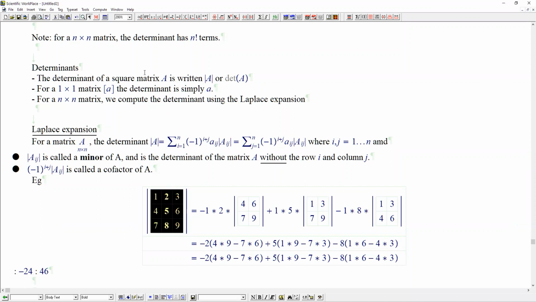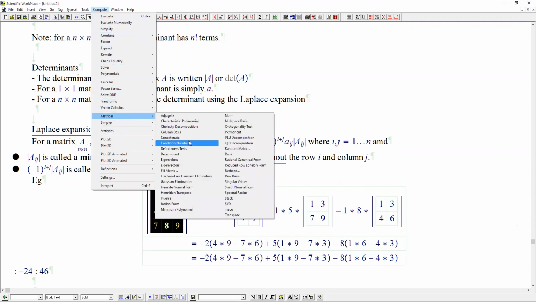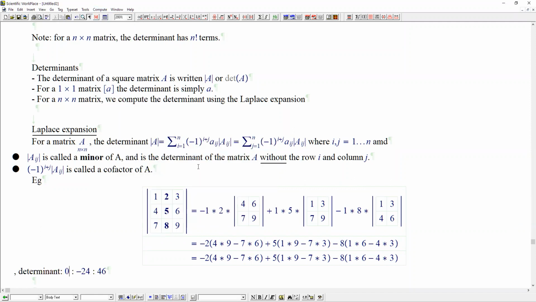Let me compute the determinant. Yeah, it's 0, so the right answer is 0, so I made a mistake somewhere.